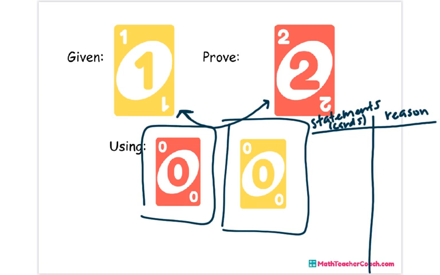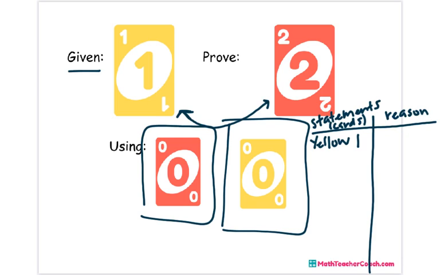Okay, and I explained all of this in that video, but I'm just going to go into detail a little bit more. So we're starting off with the first card that we're always given, right? And so in this case, it's yellow 1. And what's our reason for using yellow 1? Well, we really don't have one.